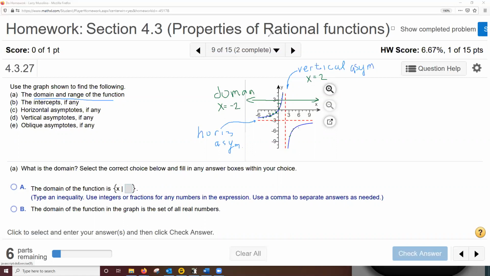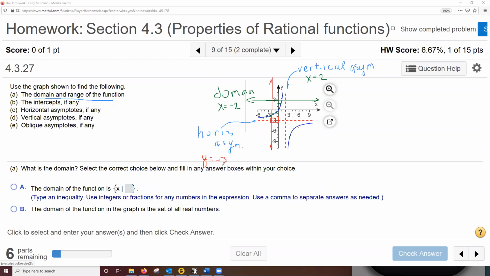All right, it's also going to ask us about the range. For the range, I'm going to look at this graph vertically. When I look vertically, the y values are going to be all y values except the y value of -3, because I'm seeing the horizontal asymptote is at y equals -3.